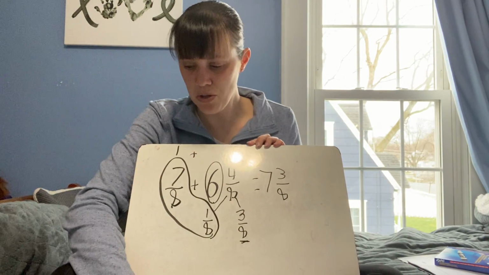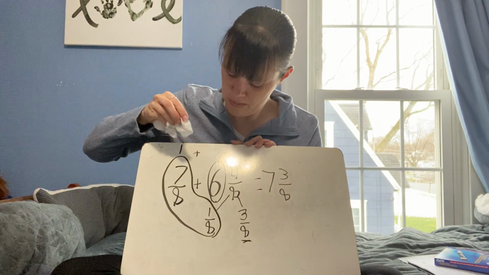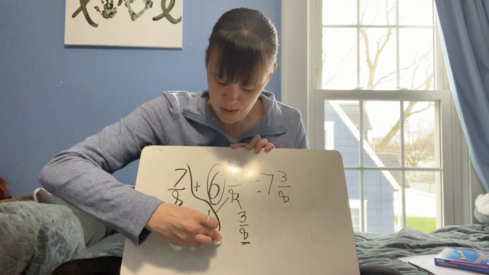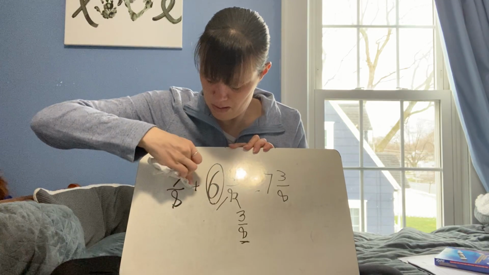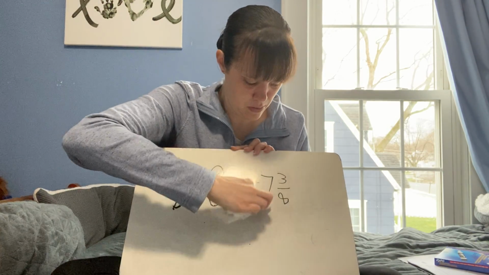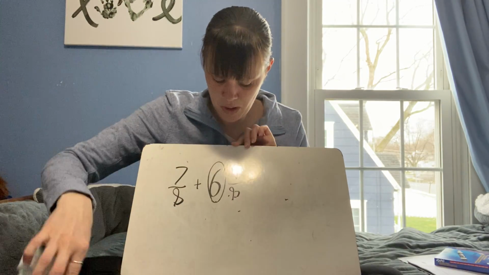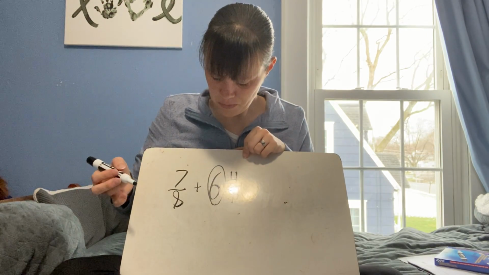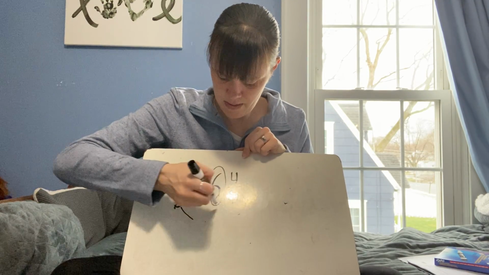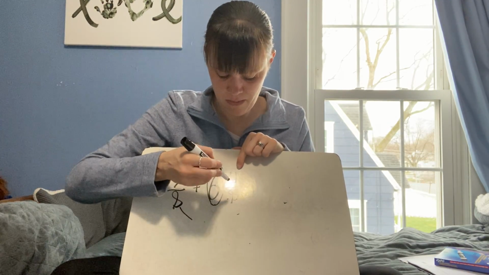But I'll show you the other way you could do it. So 7 3/8 is our answer. So we could have said, well, how many more do I need to make 8/8?